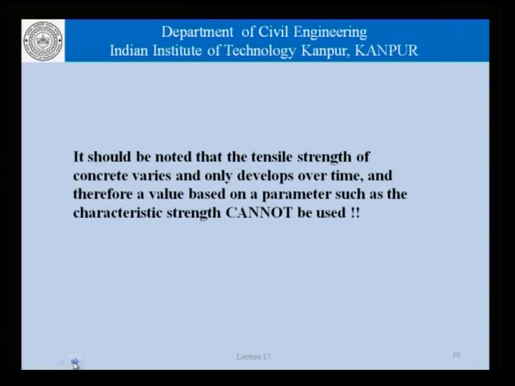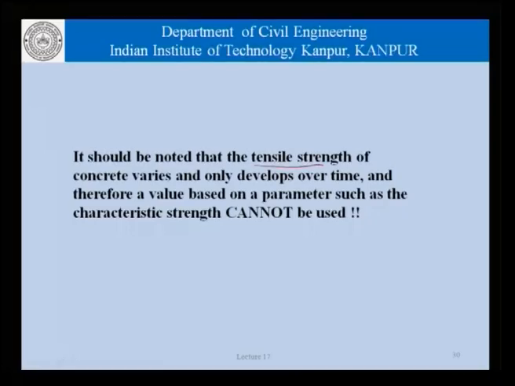It should be noted that the tensile strength of concrete varies with time and only develops gradually, and therefore, a value based on a parameter such as the characteristic strength cannot be used. What we want to say here is that whether it is the tensile strength or the modulus of elasticity, codes often give us these values as a function of the characteristic strength, 5000 root FCK, 0.7 times FCK, and so on and so forth.